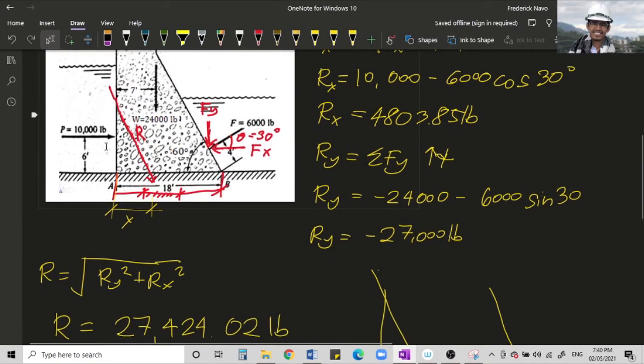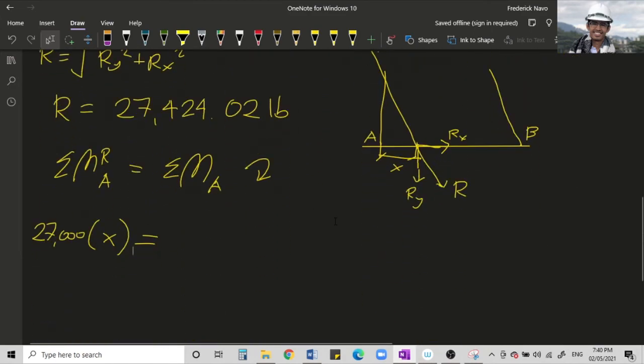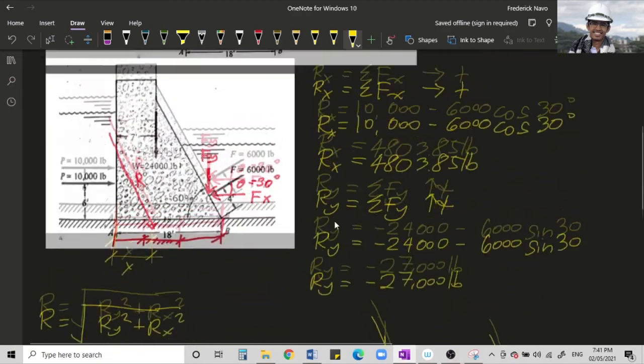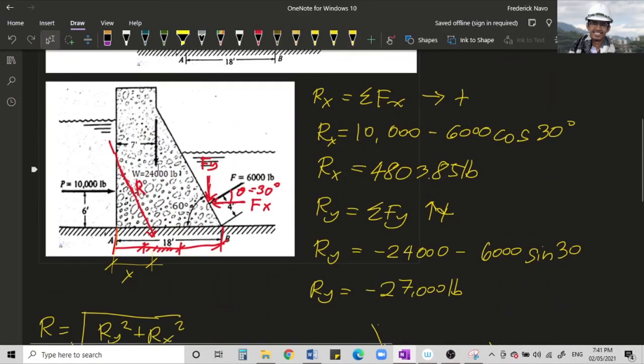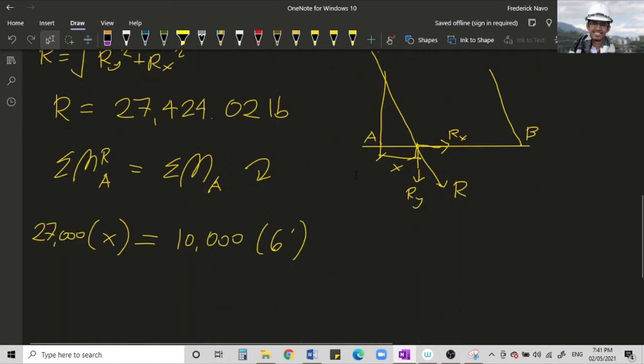So, the 10,000 pounds will rotate. So, positive clockwise siya. So, 10,000 pounds times 6 feet. Tama? Ano pa yung mag-rotate? So, itong 24,000 pounds downward. So, 7 feet, yung distance niya from point A. So, positive din kasi clockwise siya.